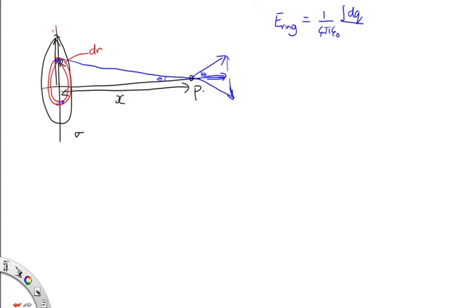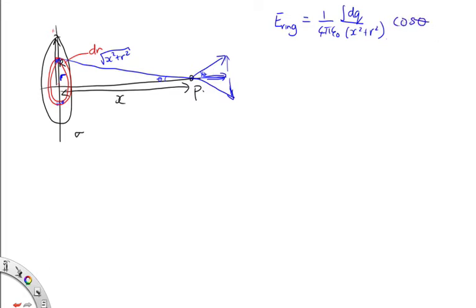Each of these little increments dr is a distance the square root of x squared plus r squared from point P. This is little r here, the radius. So this is over x squared plus r squared. And we only needed to consider the x direction. In the y direction they cancel out, so we times this by cos theta.